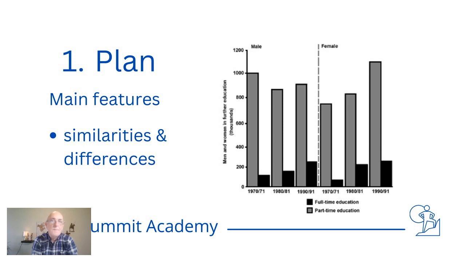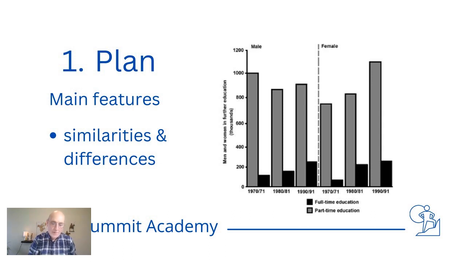But when I look at the female section of the graph, I notice that they only increase. They don't fluctuate, they increase. So they start lower, and each decade from 1970, 1980, and 1990, they get higher. So what I'm doing as I look at these things is getting an overview and an idea of what the graph is showing.